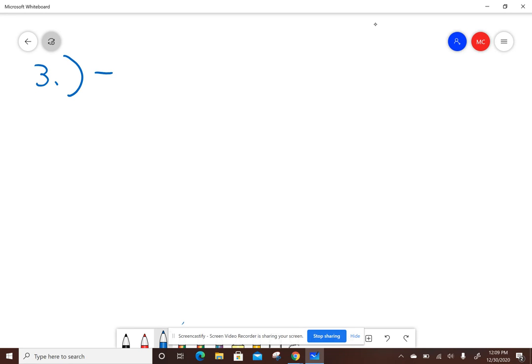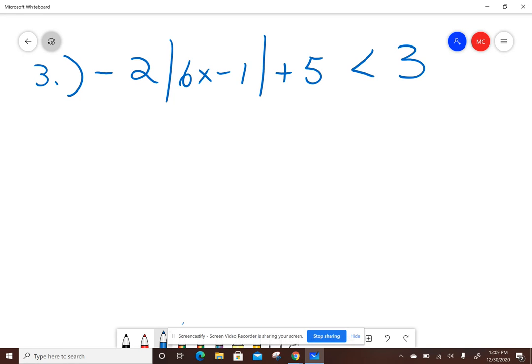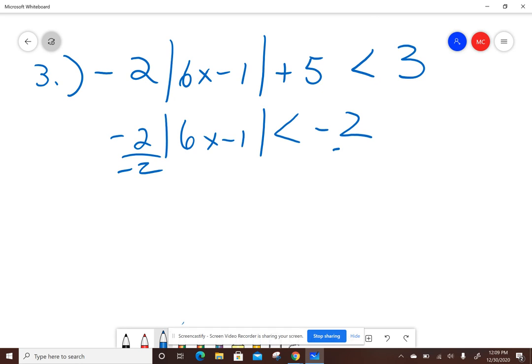Number 3, negative 2 times the absolute value of 6x minus 1, plus 5, less than 3. Subtract 5 from both sides, negative 2 times the absolute value of 6x minus 1 less than negative 2. Divide both sides by negative 2. And remember, as soon as you divide by a negative, flip the sign. And this is greater than 1.